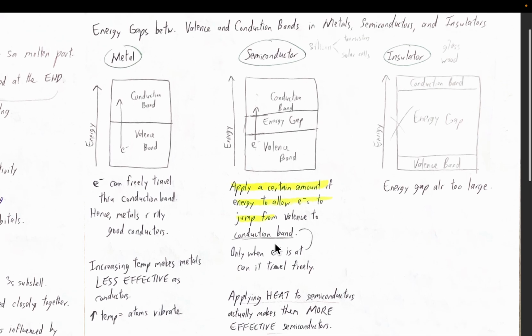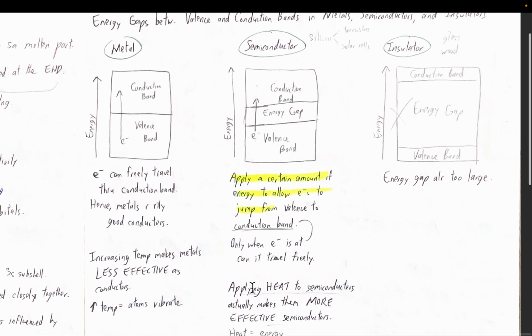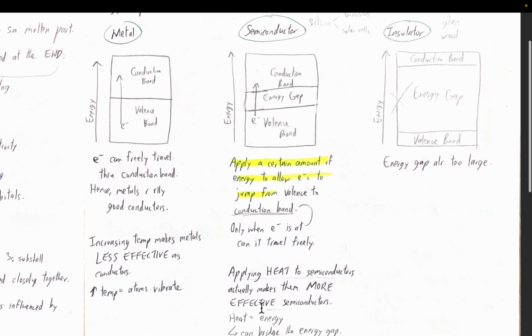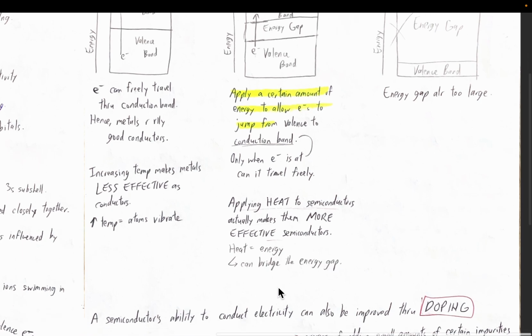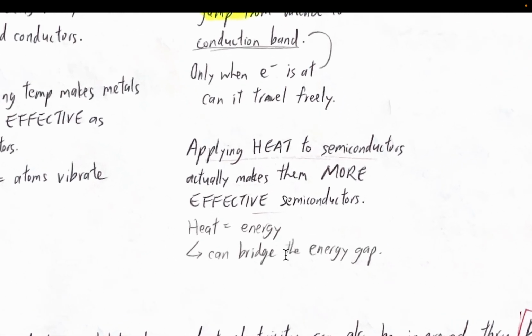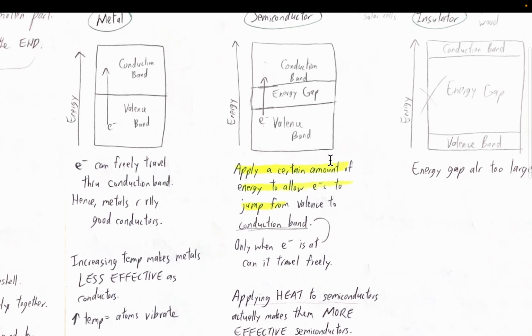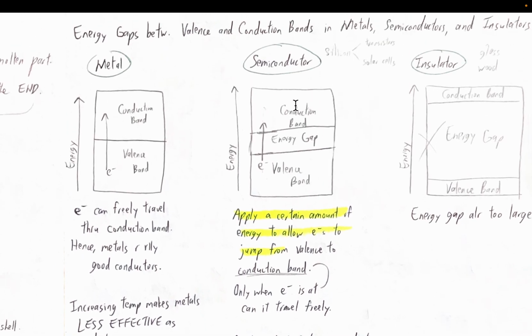So, if you apply heat to semiconductors, unlike metals, it actually makes them more effective semiconductors. Heat can be translated as energy, right? So, this can bridge the energy gap. It's not hard to understand semiconductors in contrast to metals in terms of how they respond to heat.